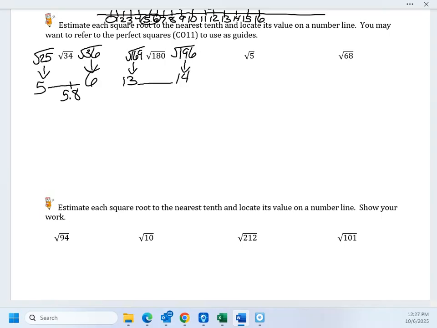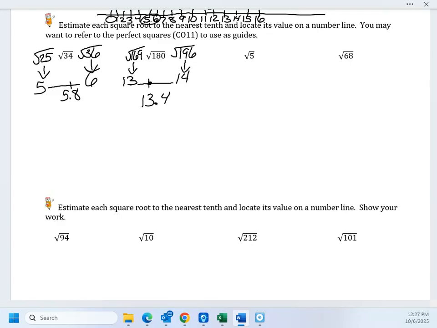It's going to come in between 13 and 14. So what would be a good estimate, Clara? Maybe like 13.4. So I'm going to start with that 13, because my whole number will always be the first square root. And then Clara said maybe 0.4.